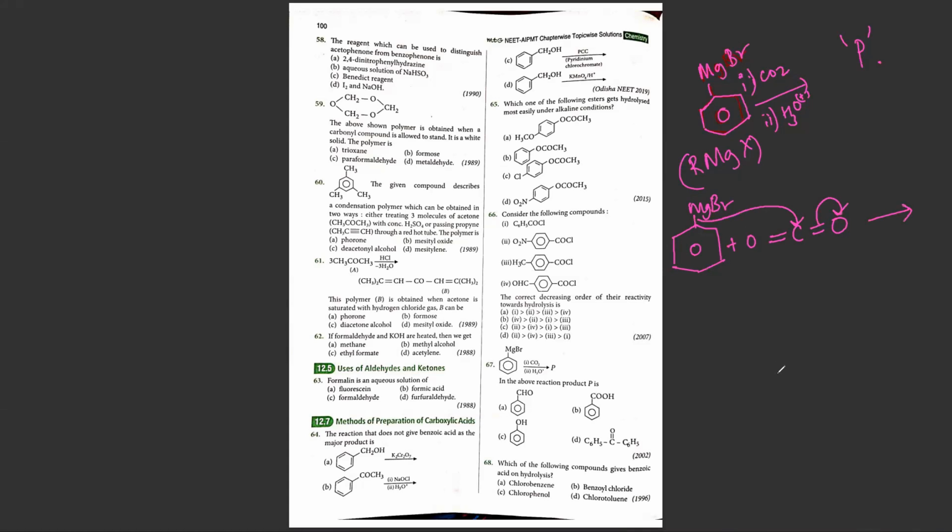Just see how the attack takes place. The reaction goes like this. Then C double bond O here, and to this O, MgBr is attached. OMgBr. Sorry, O is minus and Mg is plus.